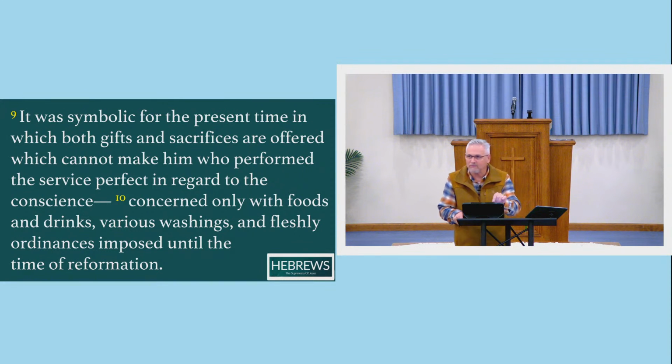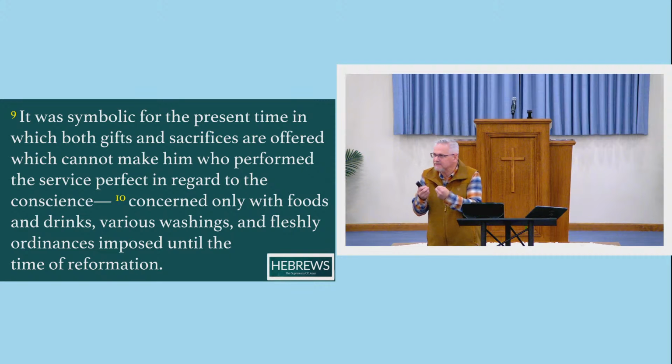It had to do with what was taking place, that new covenant, what was in place at that point in time. The old law was symbolic for the present time. It was a type of the true tabernacle, as we'll notice here in just a moment. And it was only concerned with foods and drinks and various washings, fleshly ordinances.